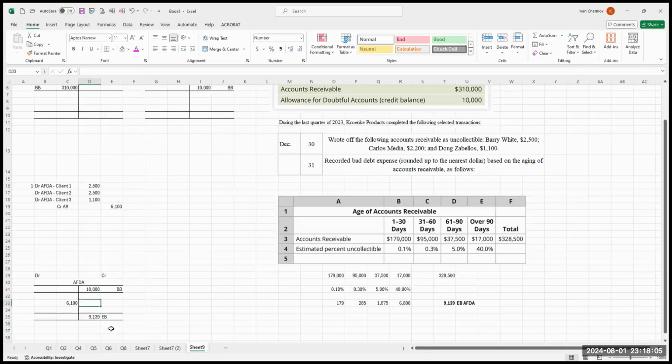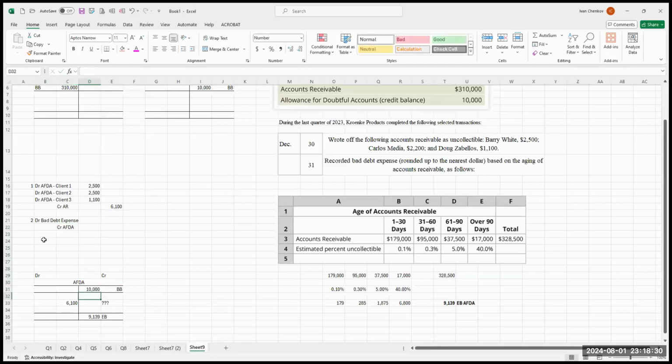Well, how much do we have to debit here? Sorry, credit here in this account in order to bring it. And that will be my second entry. Debit, obviously, bad debt expense. And then on the credit side, I'm going to have allowance for doubtful accounts.